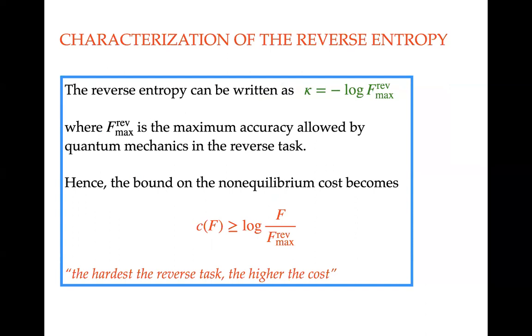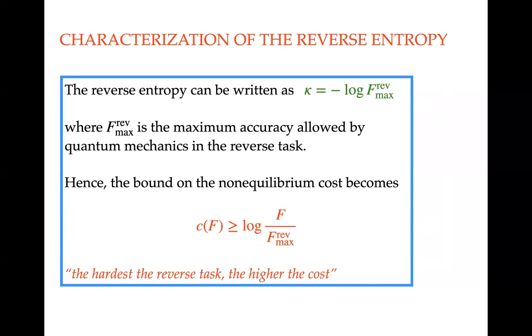Basically here we have the maximum accuracy that we can achieve in the reverse task, and this F max, the reversed one, would be the quantity that appears in the bound. So in other words, you can rewrite the bound as: the cost of accuracy F is the logarithm of the ratio between the accuracy you desire and the maximum accuracy allowed by quantum mechanics in the reverse task.